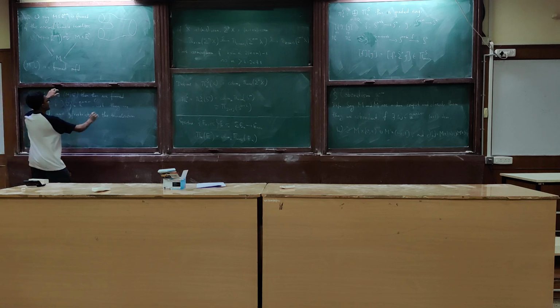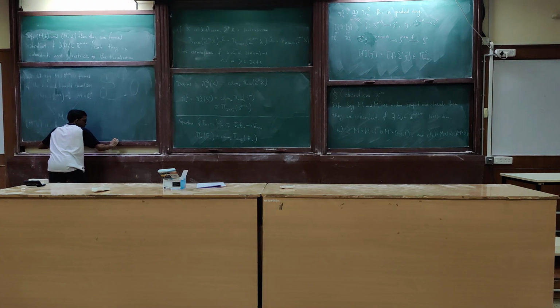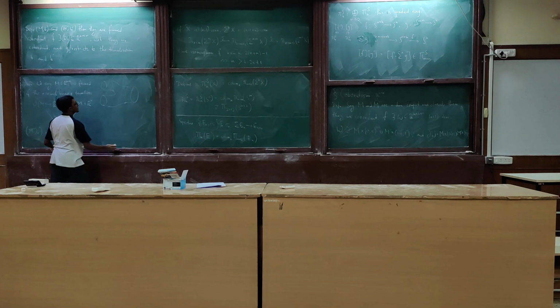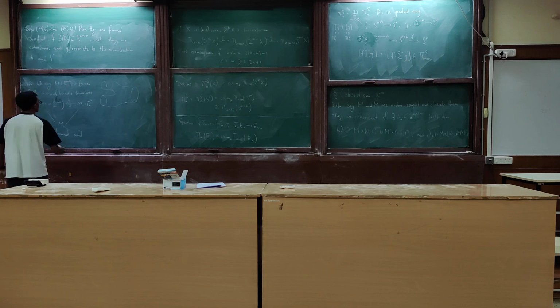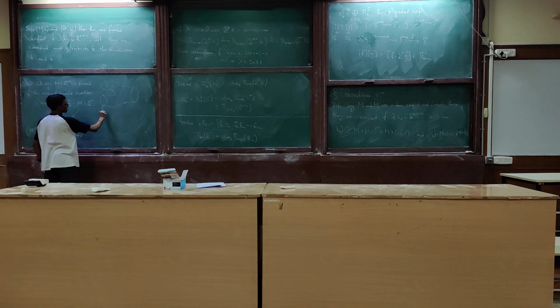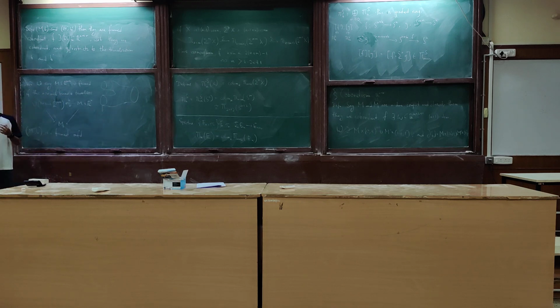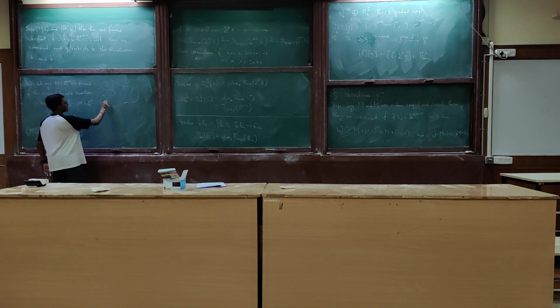If you look at that diagram, this was the space, and the normal bundle you can think of as the orthogonal part of the tangent bundle.